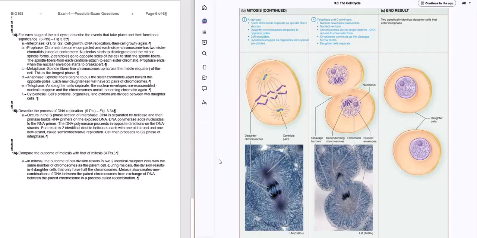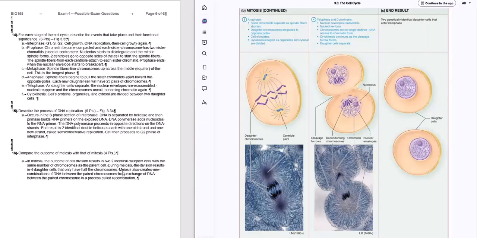And then the last, compare meiosis and mitosis and their outcome. The purpose of mitosis is for growth and repair. So the result of mitosis is 2 cells genetically identical to the parent, and they are diploid.